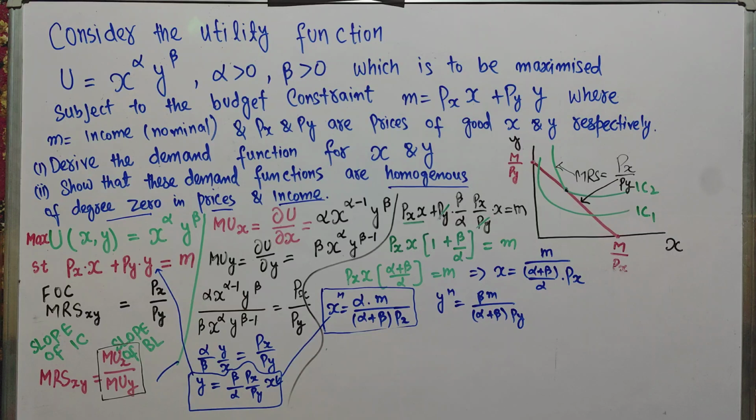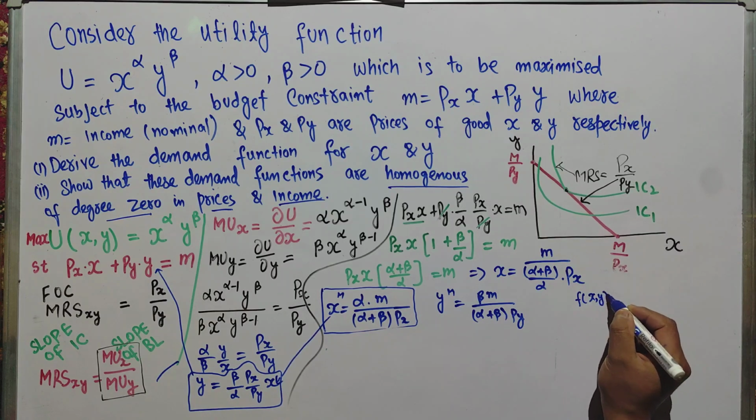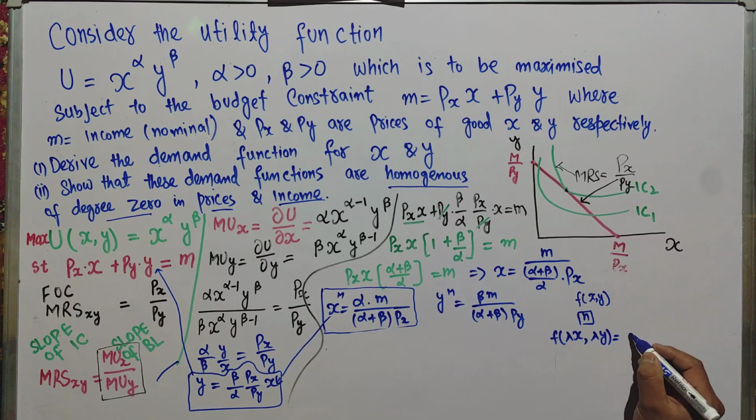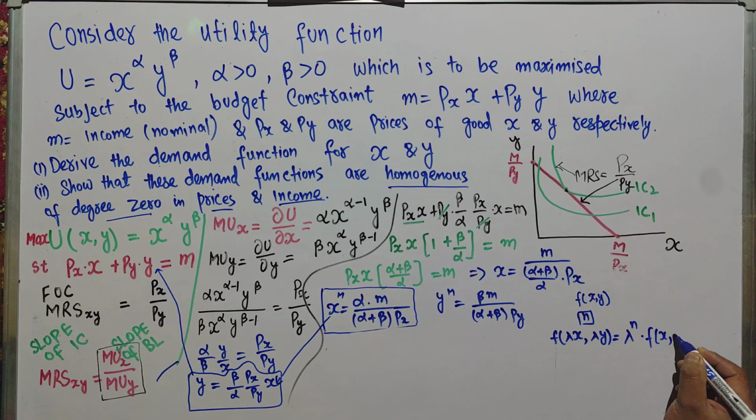By homogeneous, what we mean is, let us say I have a function f of x, y. I am saying this function is homogeneous of degree n if I scale up both x and y by a factor lambda, and my new equation becomes lambda raised to power n times the original function, that is f of x, y.